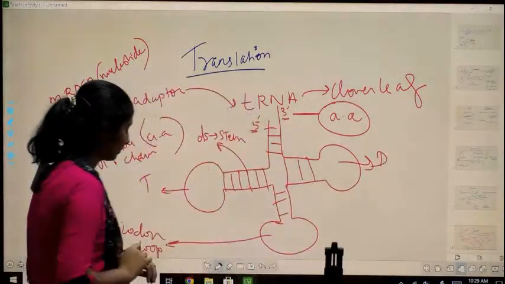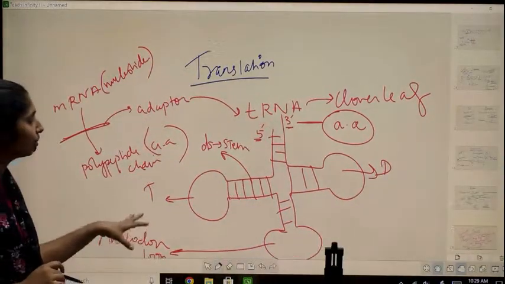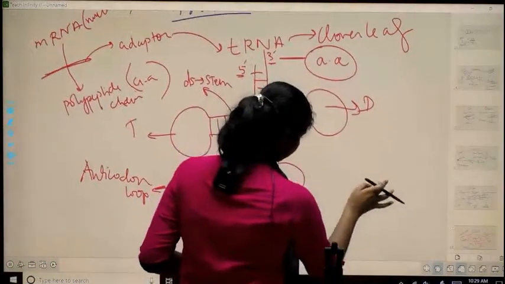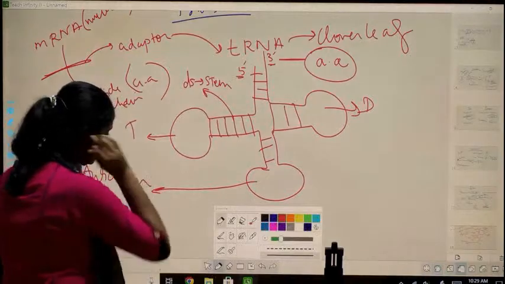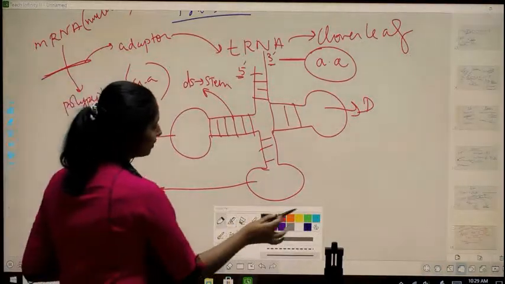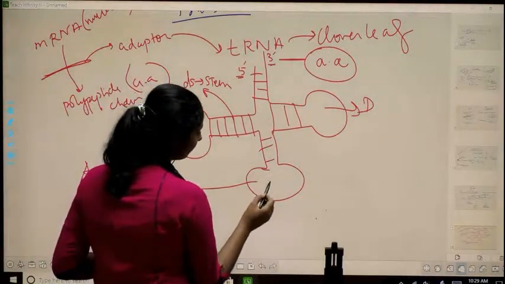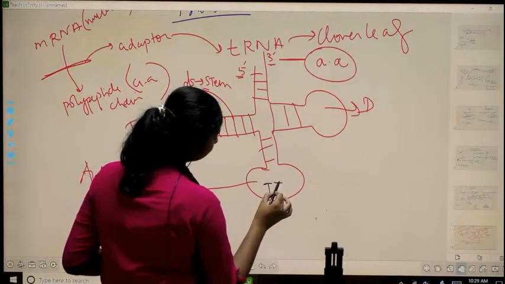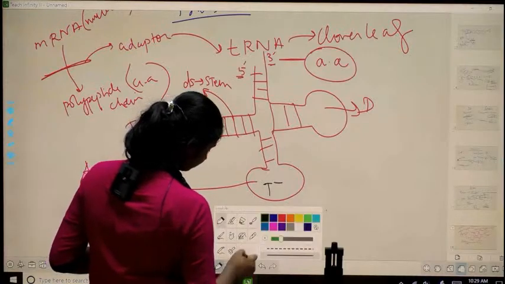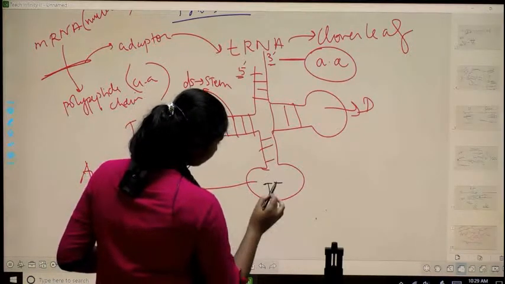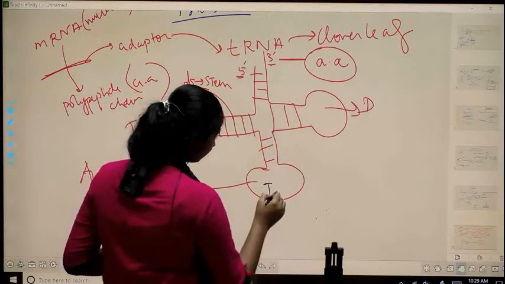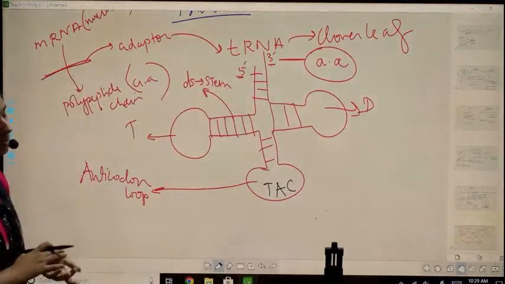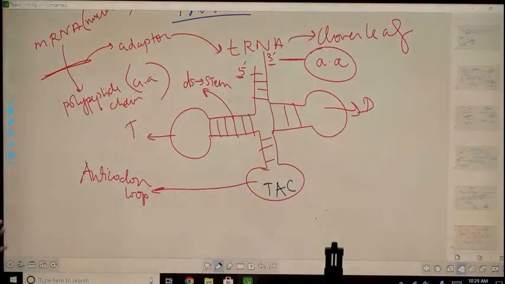Now there is an anticodon loop, and in this anticodon loop there are 3 codons present. There are 3 codons present in the anticodon loop, right?